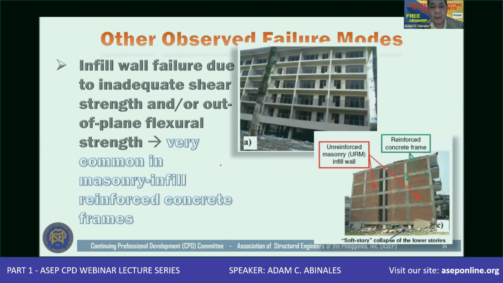But depending on how these infill walls are connected to the frames, these infill walls will also fail if they are not actually designed to resist the shear force that will be transferred due to the ground shaking. So most infill walls will fail due to inadequate shear strength. Sometimes most of the masonry walls used here are non-load bearing, or these walls would lack out-of-plane flexural strength. As I have said, this is very common in the Philippines.